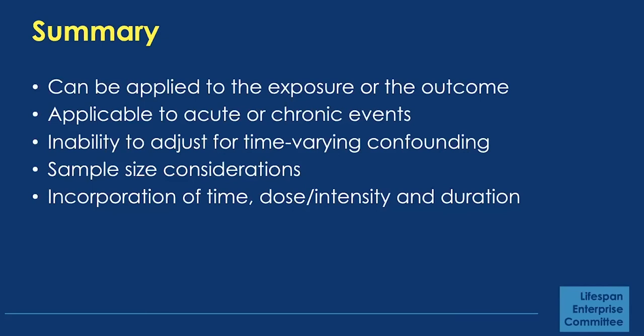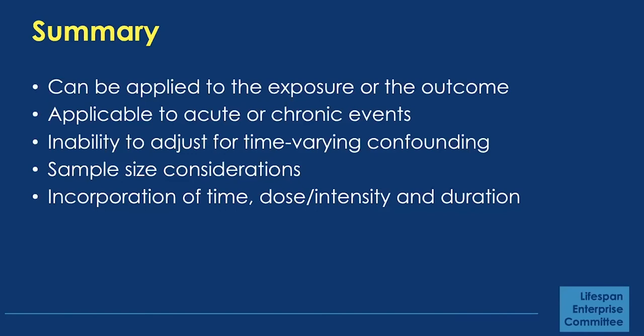There are limitations. Dr. Palmsten mentioned things like the inability to adjust for time-varying confounding. So if that's a concern in your field of interest, then this may not be the method for you, and you may want to look at other types of methods that allow you to model time-varying confounding.